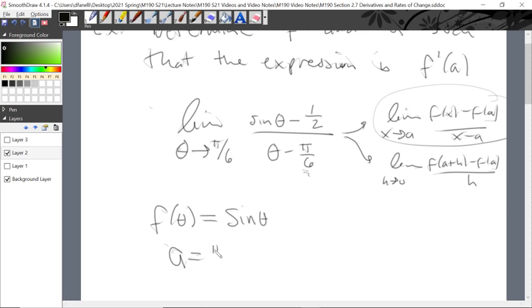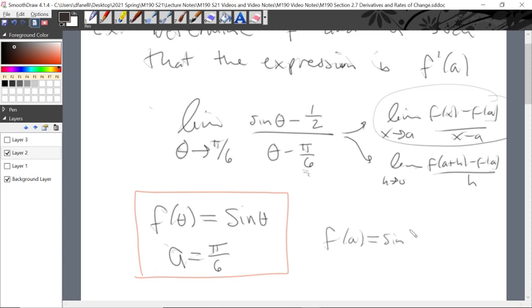Now, maybe as just a confirmation to check to see if this is reasonable, what would be f of a? And that should be this quantity right here, 1/2. Well, f of a would be the sine of pi over 6, and that's pi over 6 radians. We can verify that the sine of pi over 6 is in fact equal to 1/2.